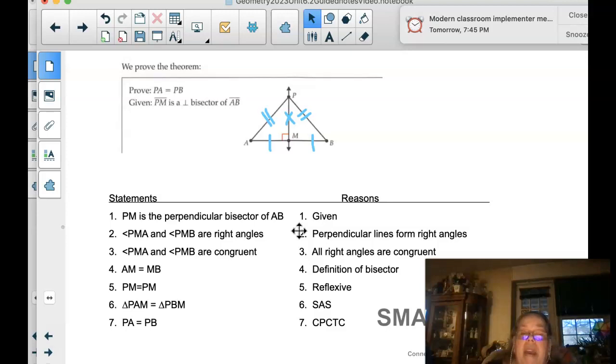AM equals MB, definition of a bisector. PM equals itself, that's the reflexive property. We have the two triangles congruent by side angle side, and therefore every other matching part is congruent by corresponding parts of congruent triangles are congruent. And all you have to write is the initials, because writing that out will take you the whole region if you're taking it.